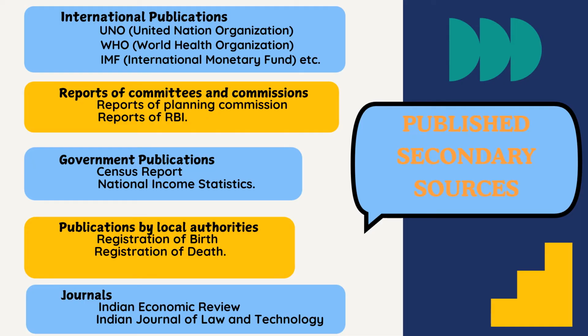The fifth published sources that we have are the journals, the Indian Economic Review or the Indian Journal of Law and Technology. There are many other journals also available online, available offline, from where you can take the data. Some more we are going to study in the next slide.